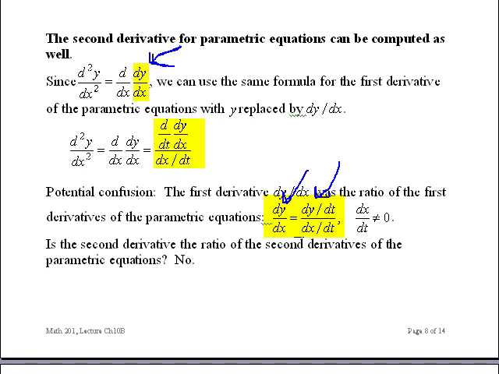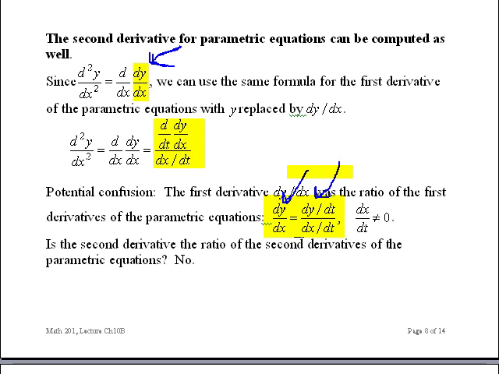So the second derivative, this is in the Cartesian plane, the curvature, equals the derivative with respect to time of the first derivative divided by dx by dt. If you can see that we have substituted another parametric form, dy by dx, for the y in this equation right here, then you will understand this one.